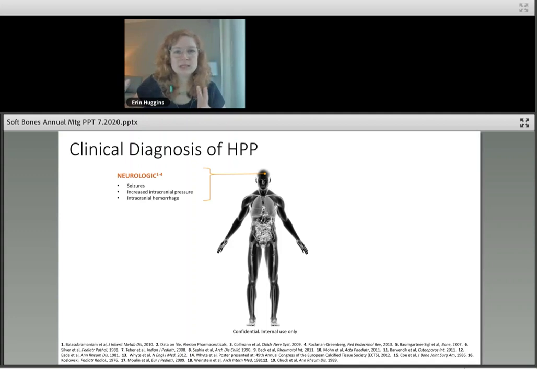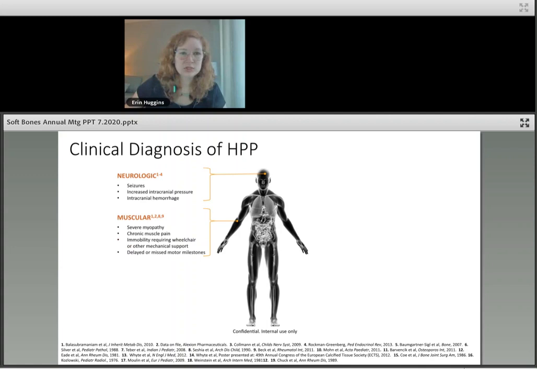In some of the more severe ends of the spectrum, typically in that perinatal and infant, we can see seizures, increased intracranial pressure, or even craniosynostosis, so poor formation or abnormal formation of the skull plate, or even intracranial hemorrhage. We can also have muscle involvement, including severe myopathy, chronic pain, immobility, so a lot of patients end up in a wheelchair or on crutches or have difficulty walking, and then delayed or missed motor milestones.